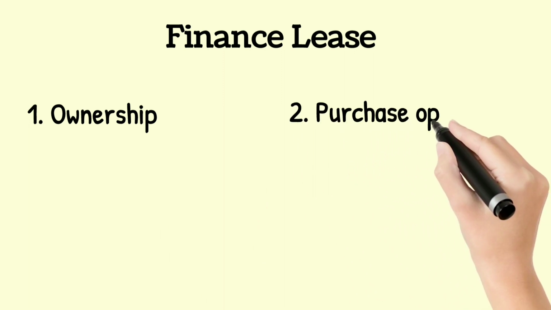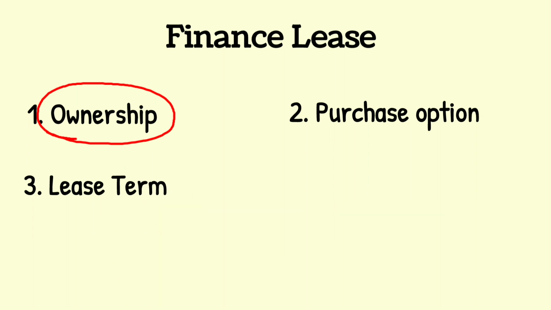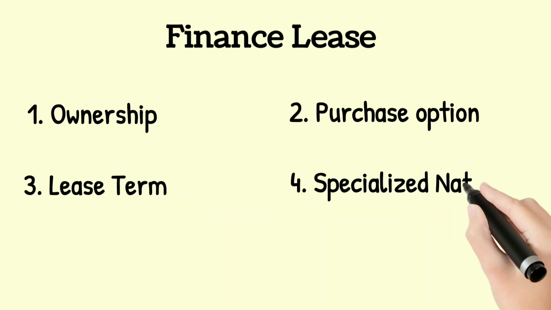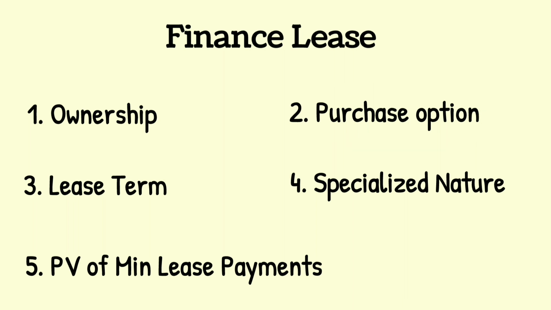If the lease transfers the ownership of the asset to the lessee at the end of the lease term, then it can be classified as a finance lease. If the lessee has been given an option to purchase the asset at a price which is expected to be sufficiently lower than the fair value of the asset, in that case also it can be classified as a finance lease. The lease term covers the major portion of the economic life of the asset. Even if the title is not transferred, we will consider it as a finance lease.